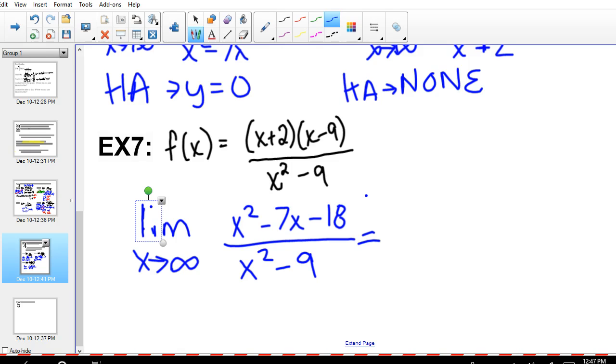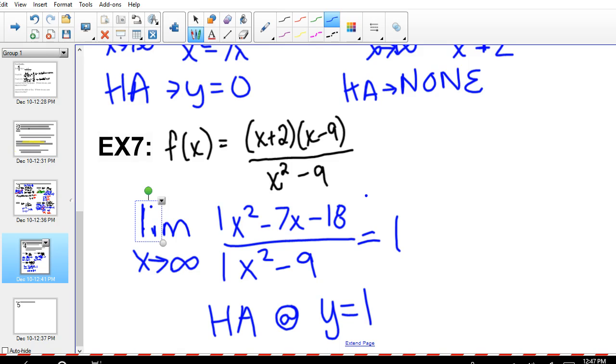What do I do when the exponents are the same? Divide coefficients. There's not any coefficients written here, but there's an invisible one there, an invisible one there, so 1 divided by 1 is just 1. So my horizontal asymptote would be at y equals 1. Okay, questions?